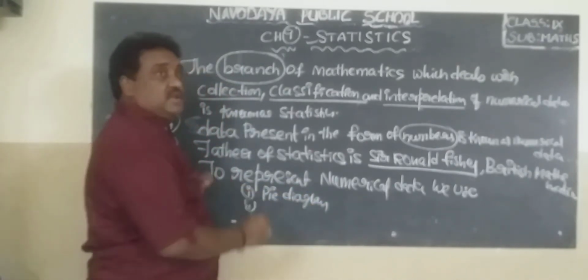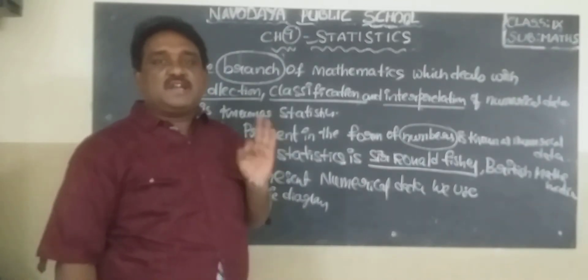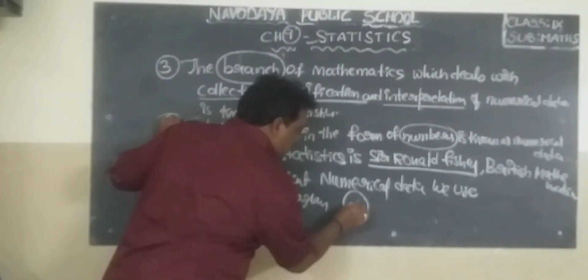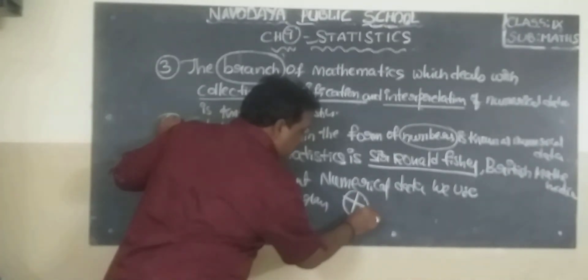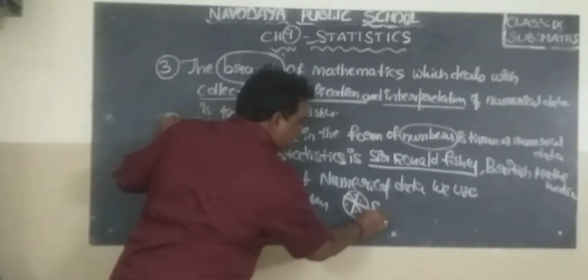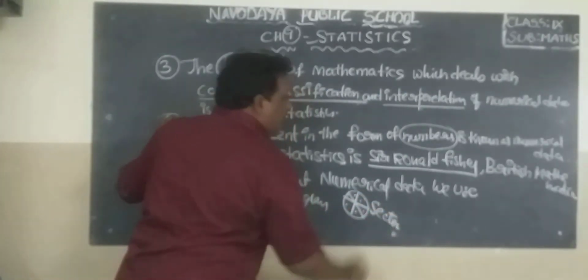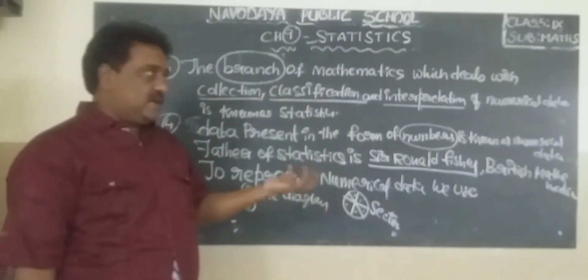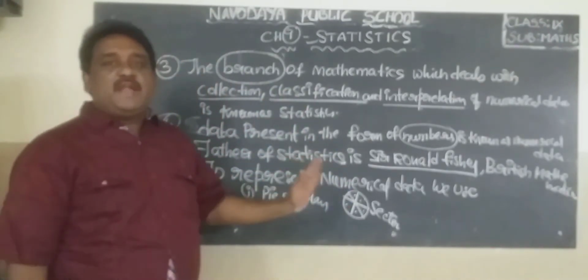It is in the shape of a circle, a circular diagram. Circle is divided into number of parts. Each and every part is known as a sector. And inside every sector we write numerical data. So, number one, pie diagram.